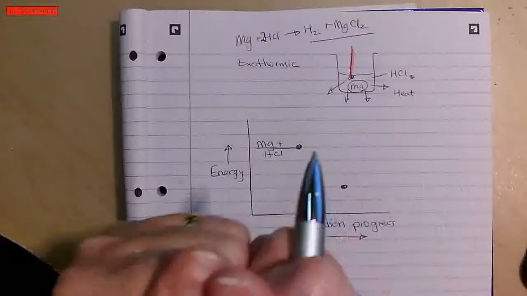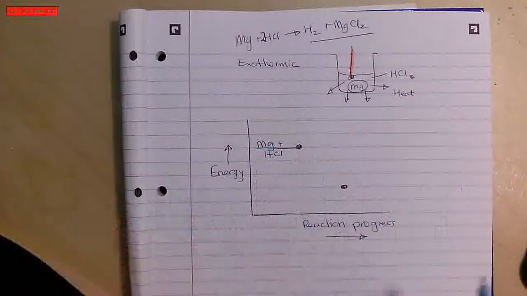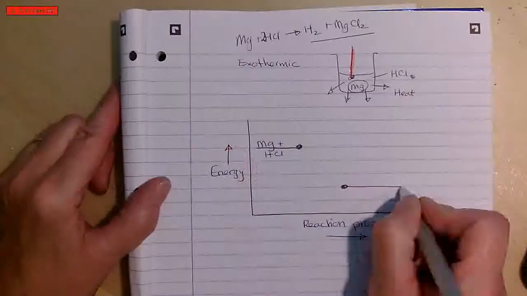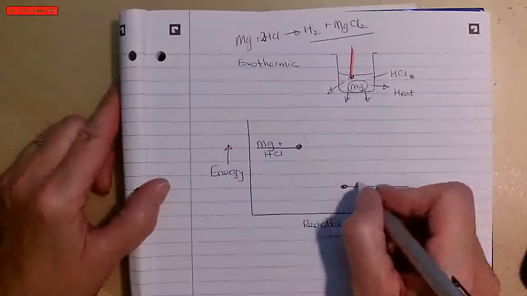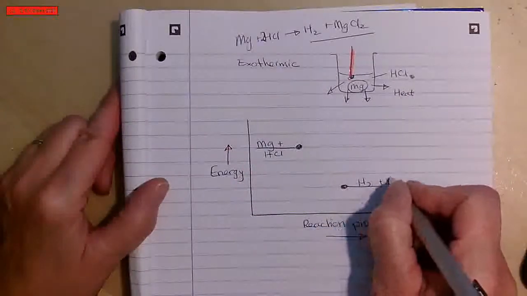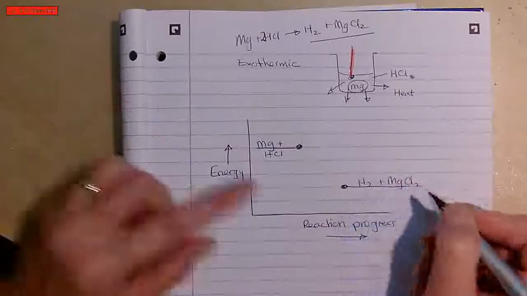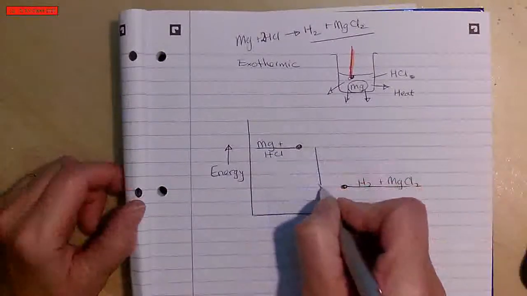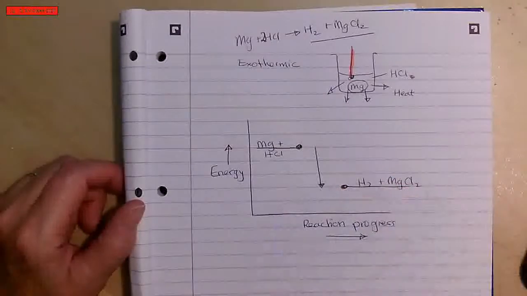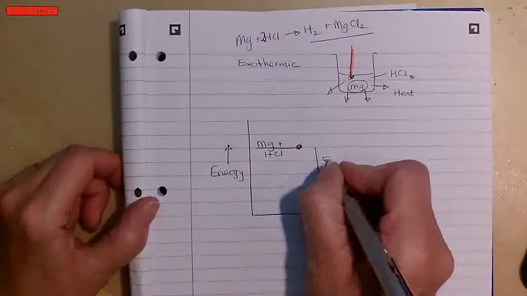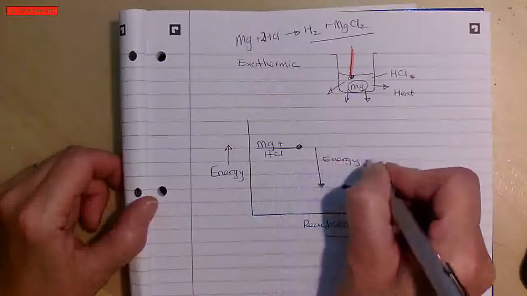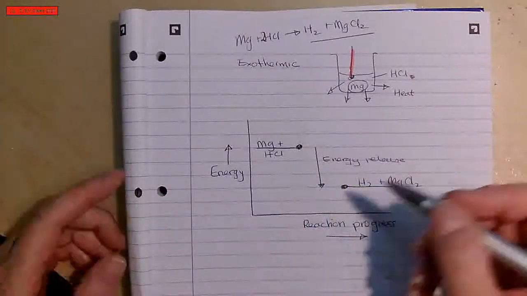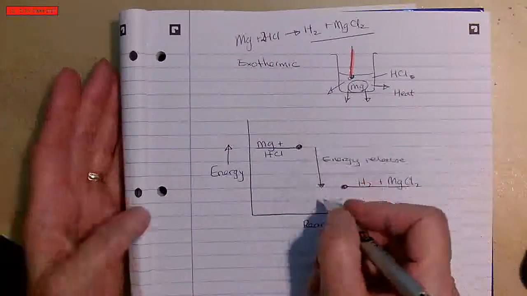But the energy that's in the bonds that hold hydrogen together and the energy in the bonds that hold magnesium chloride together, when you total that up, that's less than it had at the beginning. So here these are our products, hydrogen and magnesium chloride. So there's less energy there. So what we've done is actually lost energy. So that's an energy release.